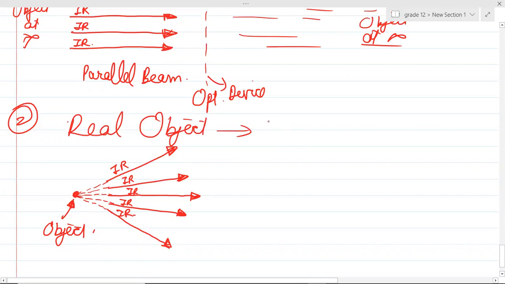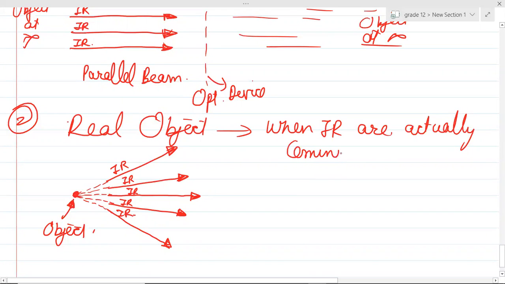Real object is basically when incident rays are actually coming. Can you see over here, if this was the point, then these rays have already crossed this particular point. On producing them backwards, I'm getting this object is real.